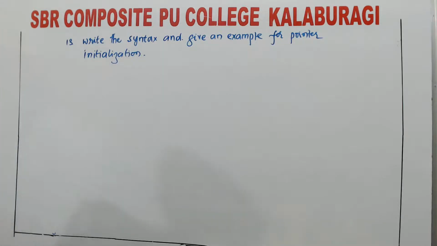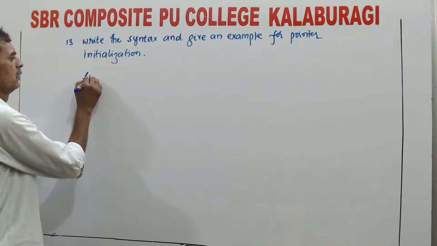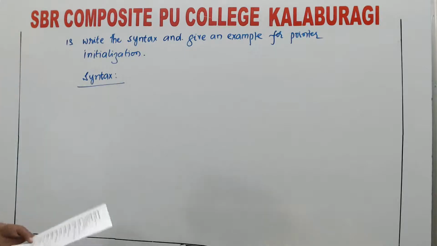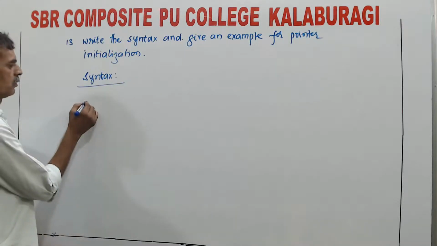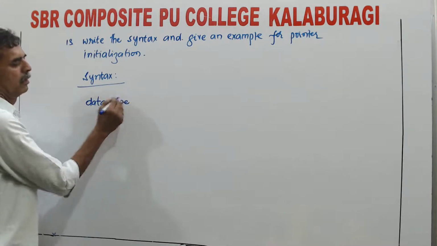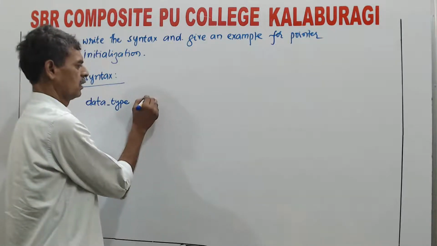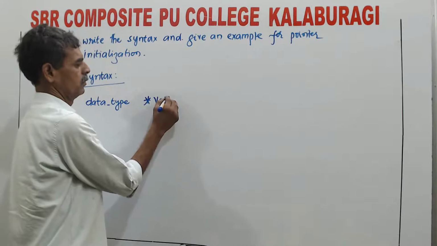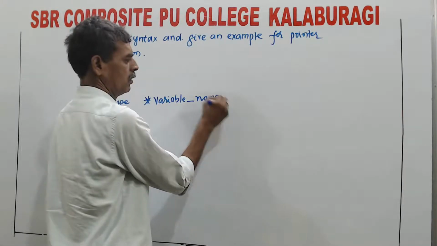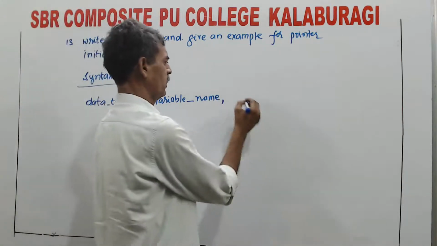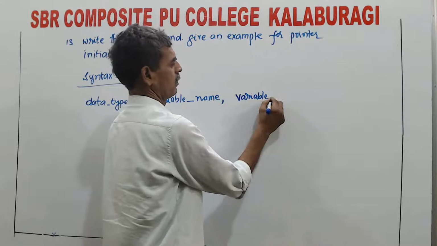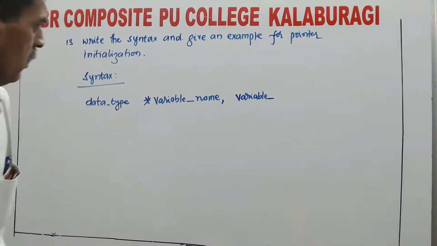Okay, here the syntax is: data type, star, variable name, comma, one more variable name, just a normal variable.